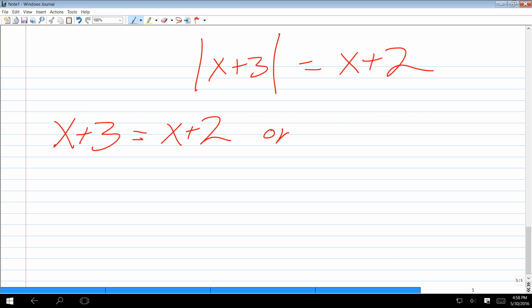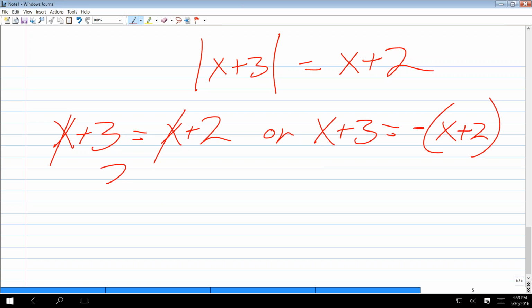Or x plus 3 equals the negative of x plus 2, so negative x and negative 2. But notice this one doesn't have a solution. If I cross out the x's, which I certainly could do, I now have one number equals a different number. So that doesn't have a solution.